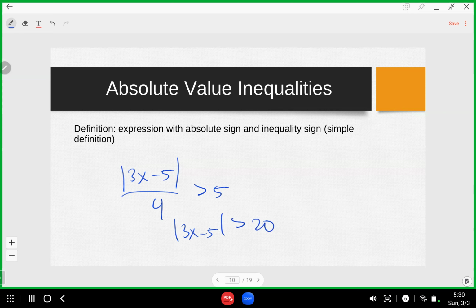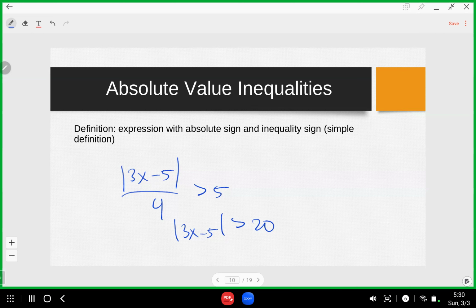So now where do you go, right? You can't just solve this like normal because there's an absolute value sign, and absolute values are actually pretty tricky. Because when you plug in a negative number, it is still positive. So you have to be very careful with this.